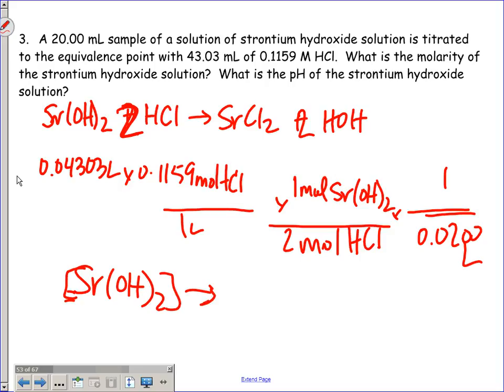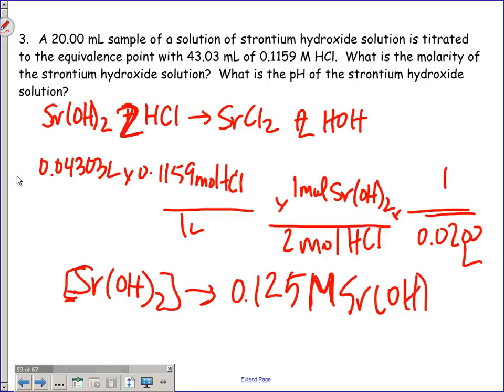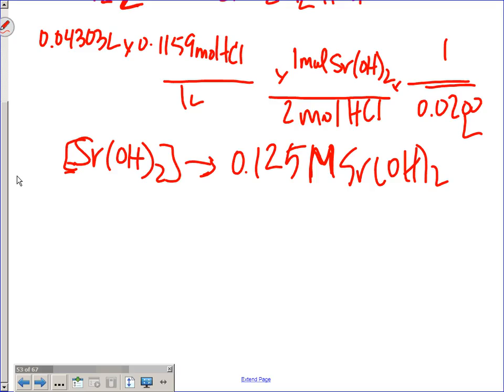Well, hold on, but what's the strontium hydroxide concentration? 0.121? Something like that, okay? But 0.1215? Okay, this is strontium hydroxide. But strontium hydroxide is one of those dibasic bases that make double the hydroxides when they ionize.